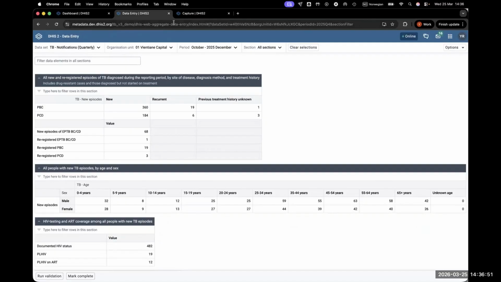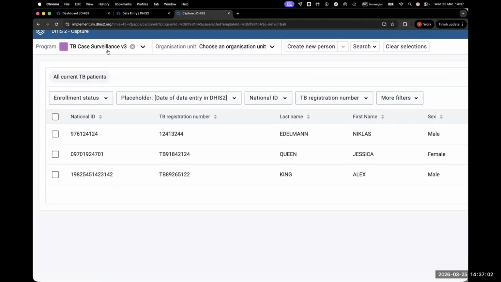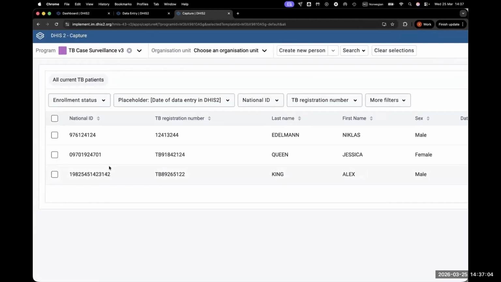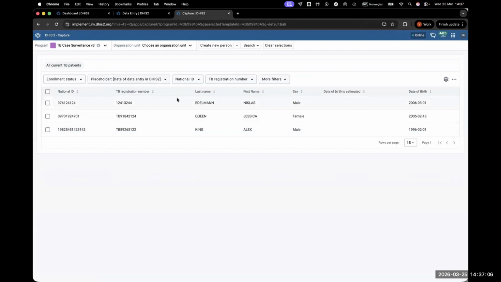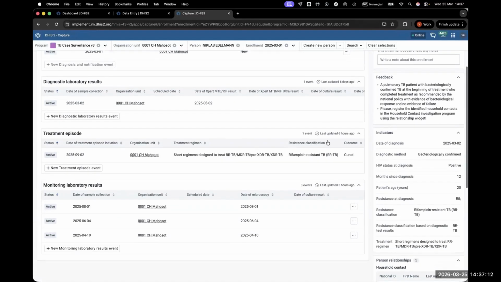Now, if I run the implementation where we have the capacity to collect individual data, we also have the tracker. So here you can see the newly published TB surveillance tracker, where in this demo presentation, you can see an individual record of a case of TB.